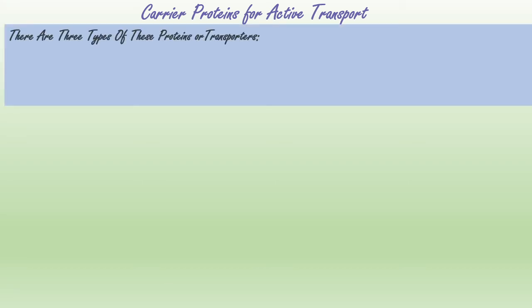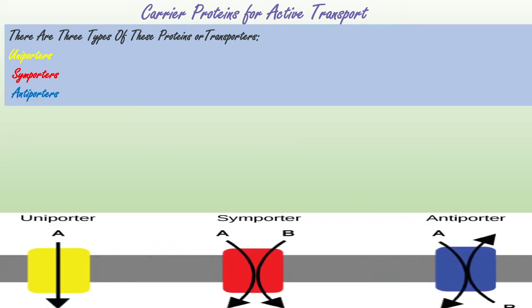Carrier proteins for active transport. There are three types of these proteins or transporters. First is uniporter, second is symporter, and third is antiporter. Uniporters are carrier proteins which transport a single molecule across the membrane.